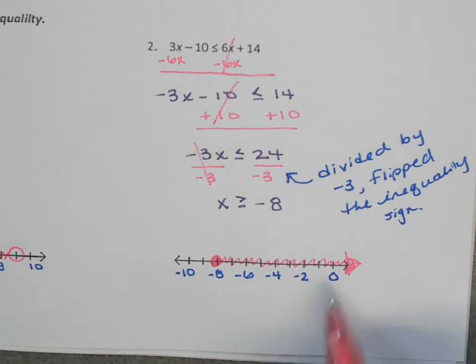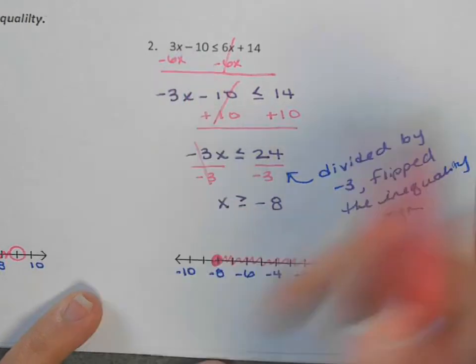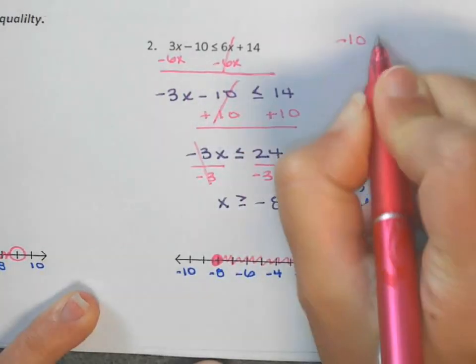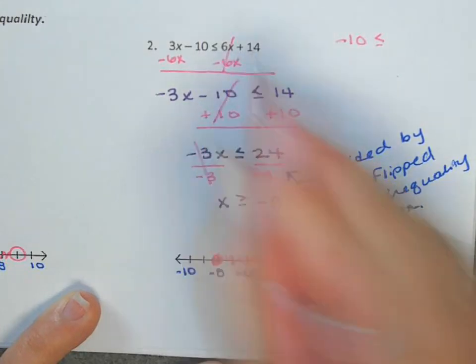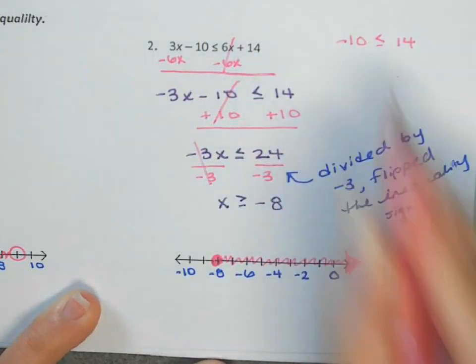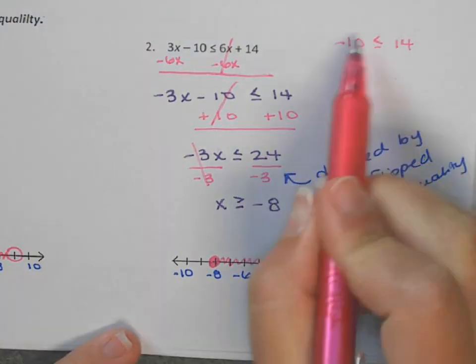I could pick a number like 0. 3 times 0 is 0 minus 10 is negative 10, less than or equal to 6 times 0 is 0, plus 14 is 14. Is negative 10 less than or equal to 14? Is that correct? Is this true?